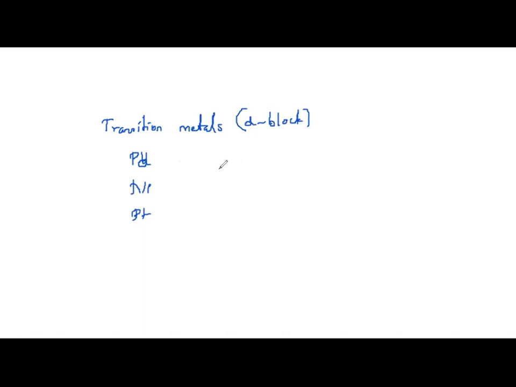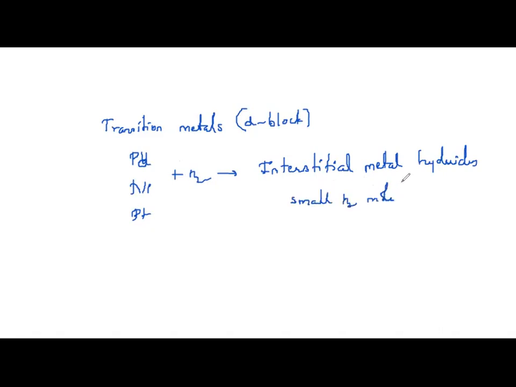When you combine it with hydrogen, they will form interstitial metal hydrides, in which the small molecules of dihydrogen, small H2 molecules, occupy interstitial sites.